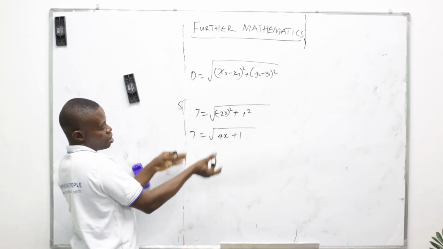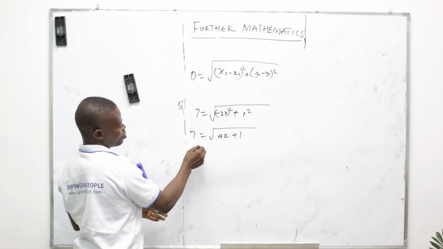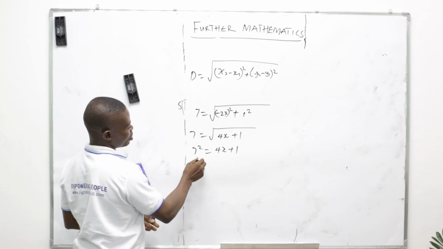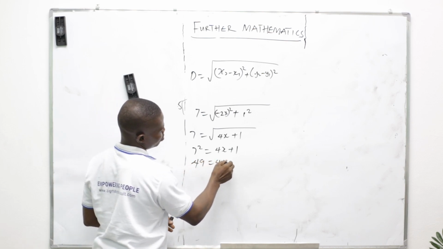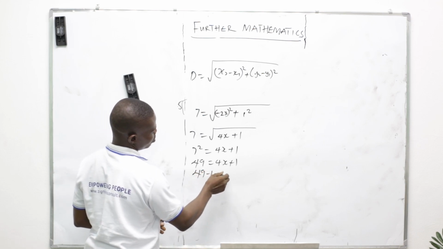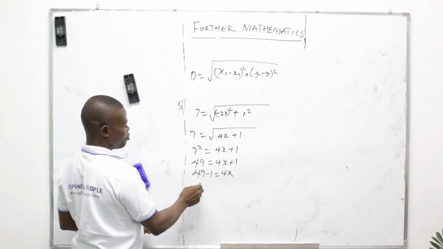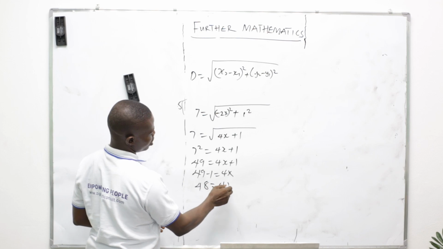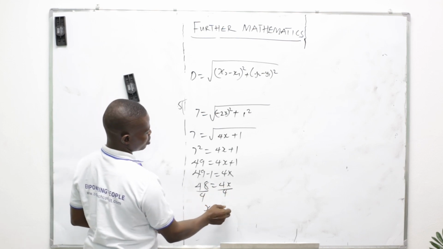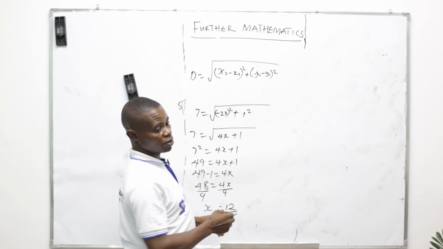Taking square of both sides, 7 squared equals 4x squared plus 1. So that 49 equals 4x squared plus 1. 49 minus 1 equals 4x squared. 48 equals 4x squared. Dividing through by 4, x squared equals 12.